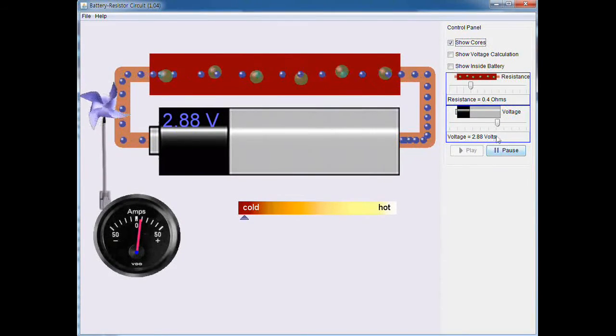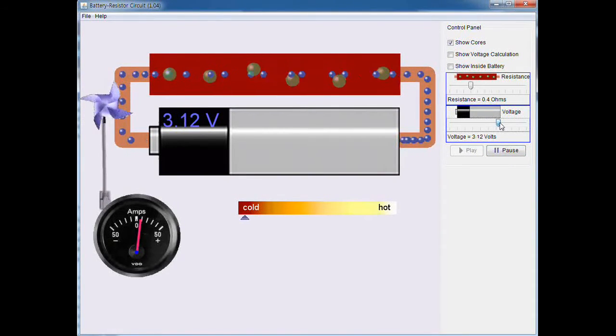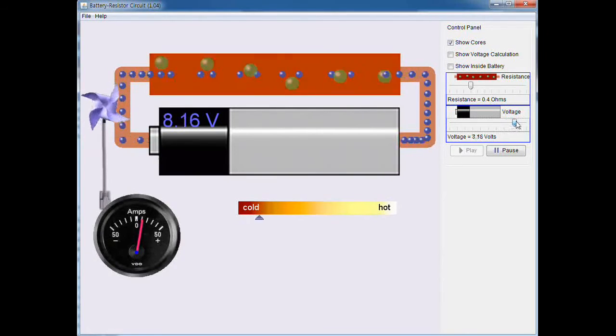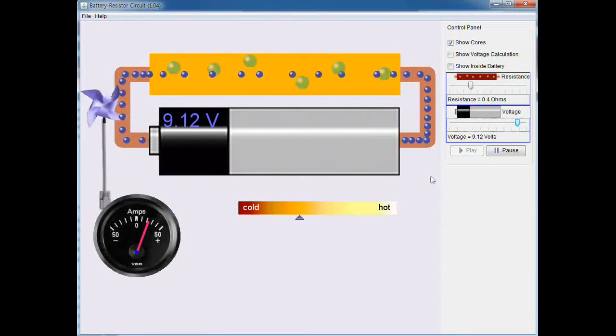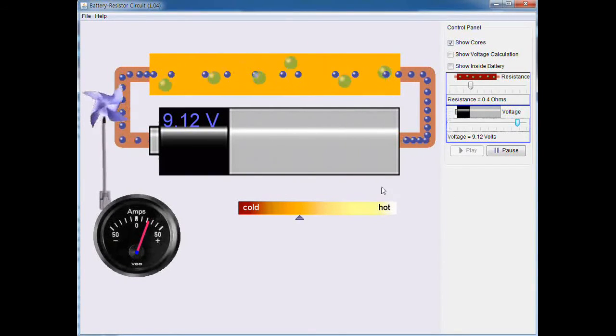Here, let's see what we can do. Let's try to change the voltage. If you change the voltage, and let's make it, say, up to 9.12, then you can see that the electron flow is moving faster. I forgot to mention that this meter measures the amount of current, which is the amount of charge flowing per unit time.